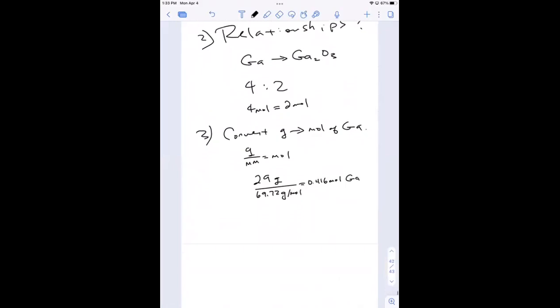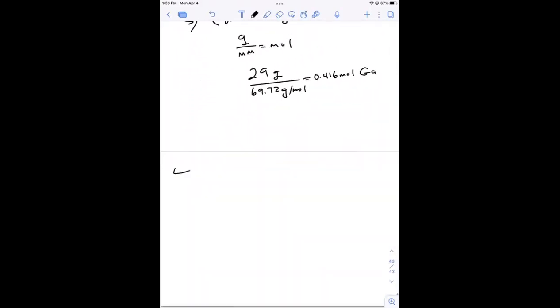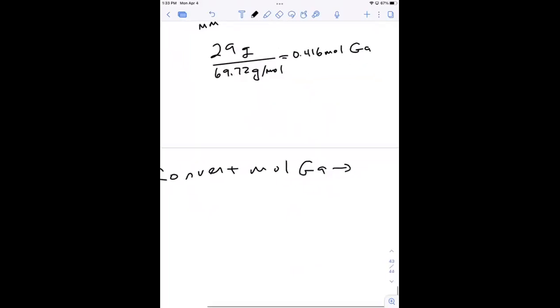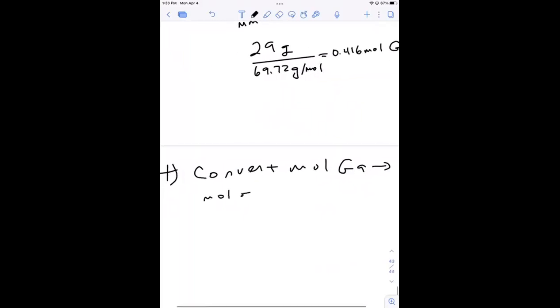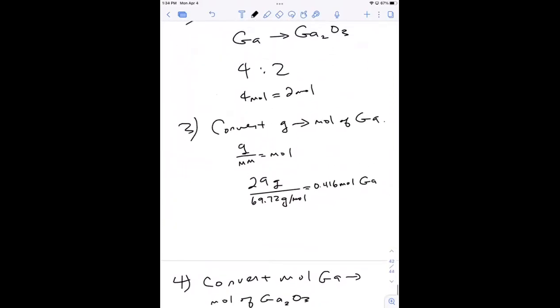So now let's convert moles of gallium into moles of gallium oxide, and we do that with this relationship right here.